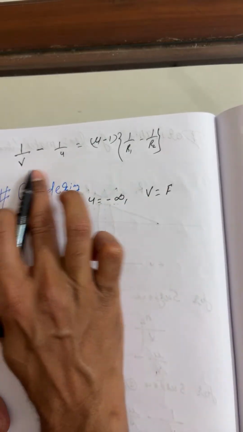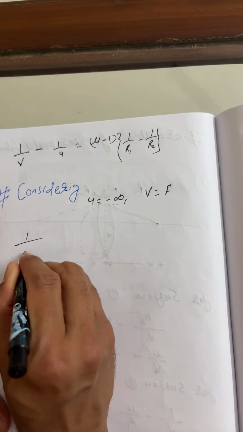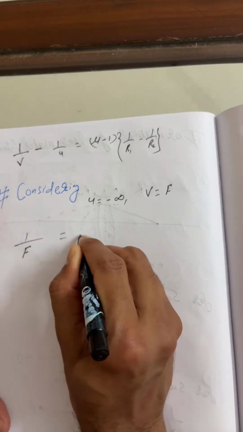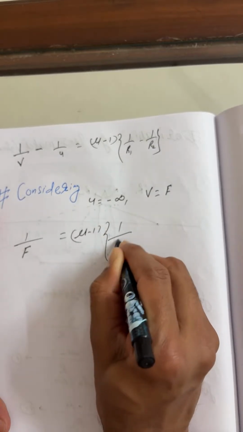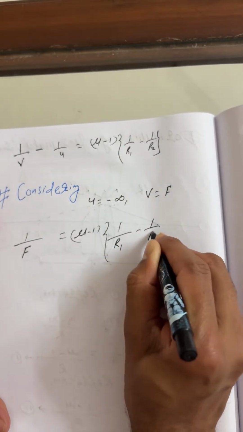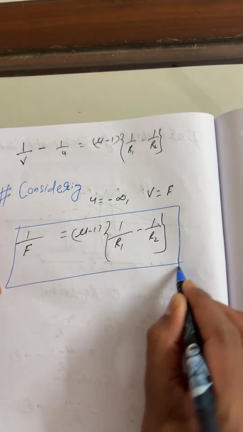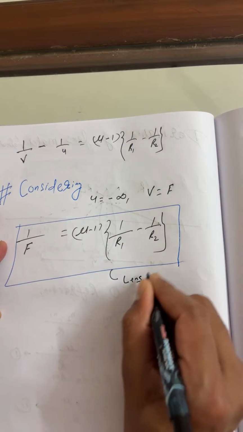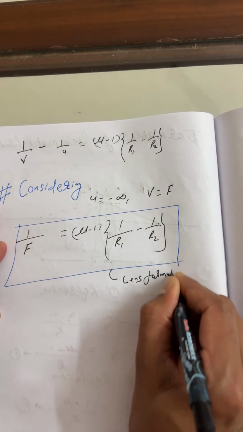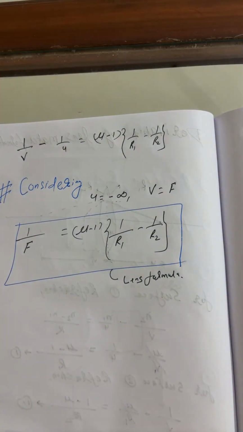So going to convert, that is 1 upon F equals mu minus 1 into 1 by R1 minus 1 by R2. So this is your lens formula, this is the lens maker formula, students.